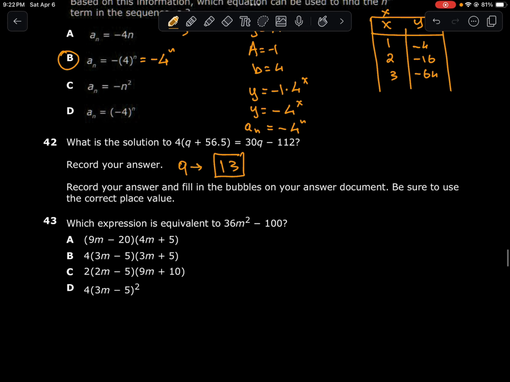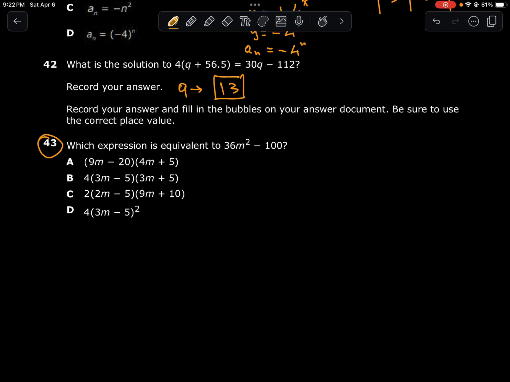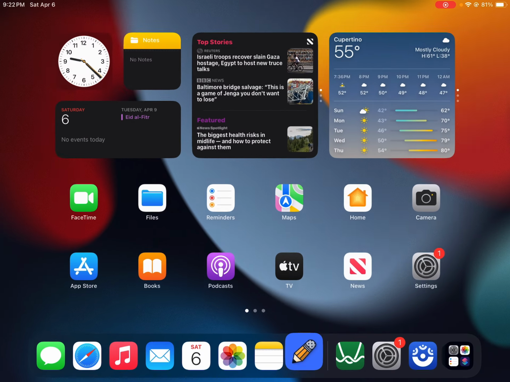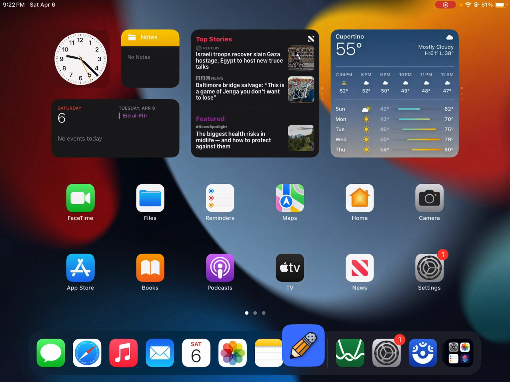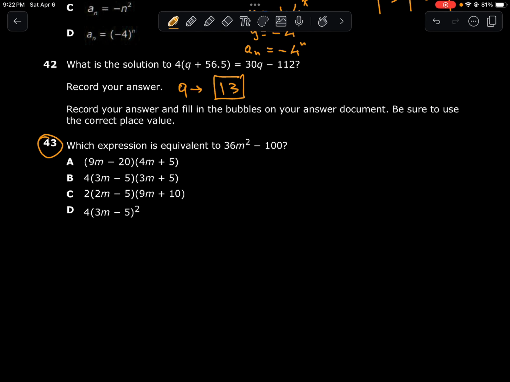All right. Number 43. Which expression is equivalent to this one? Now, what is that? This is the standard form. That's y equals ax squared plus bx plus c. There is no x.